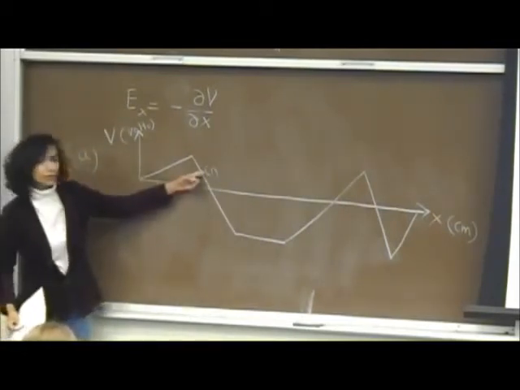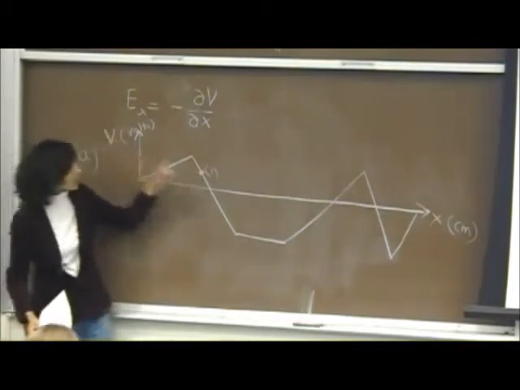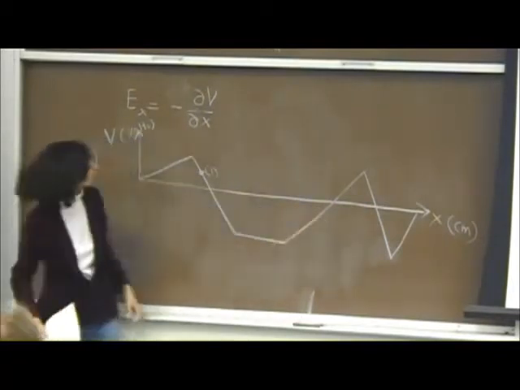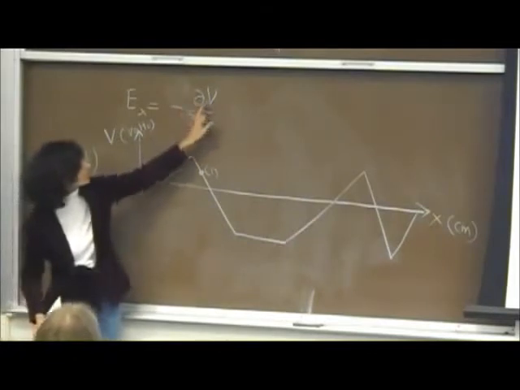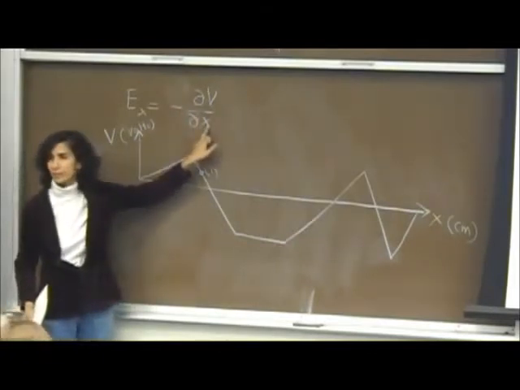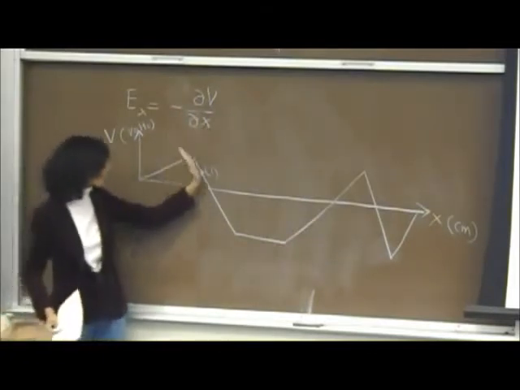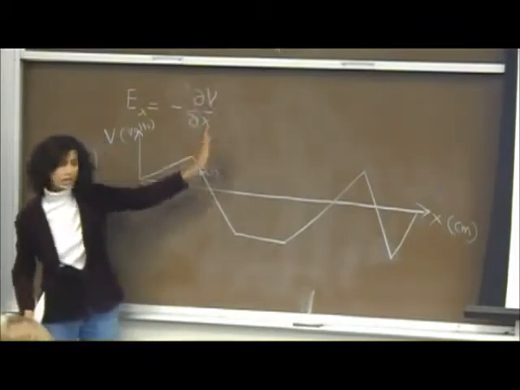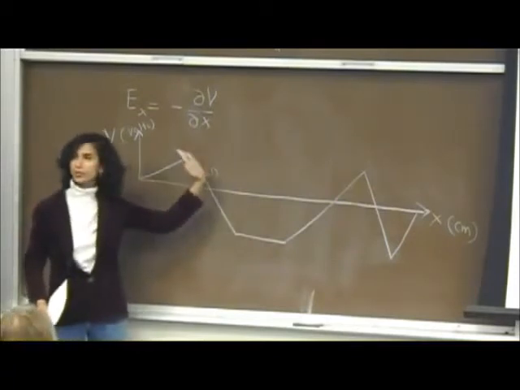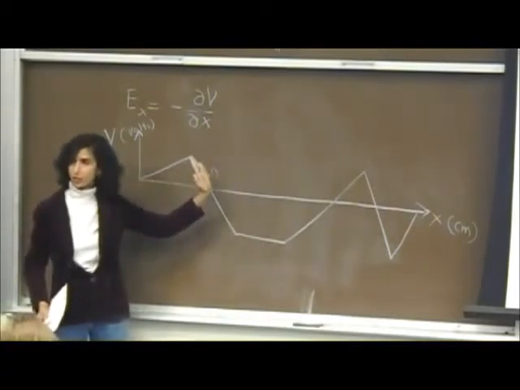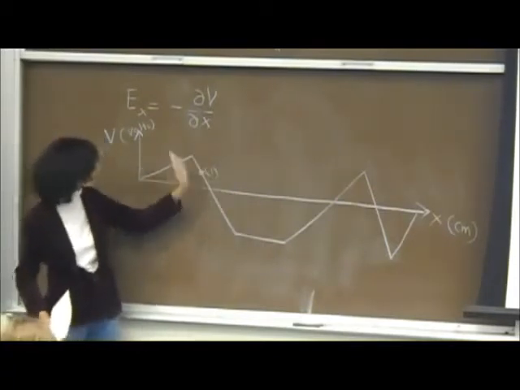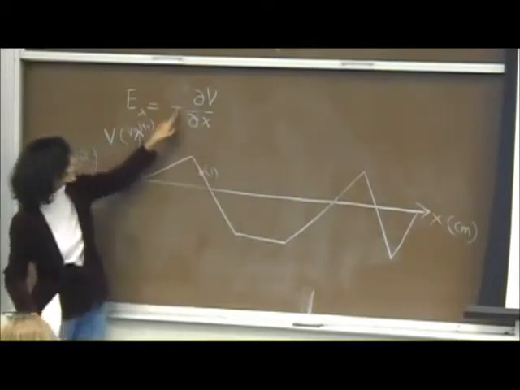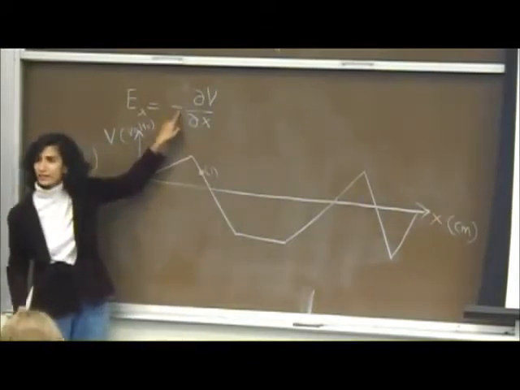In order to find the electric field here, this is the plot of potential as a function of x, right? What we have to do is take the derivative of the potential with respect to x. First of all, look at this slope here. By the way, derivative is a slope, right? Is this a positive slope or a negative slope? Negative. So it's a negative slope, but then I also have a negative sign in here.